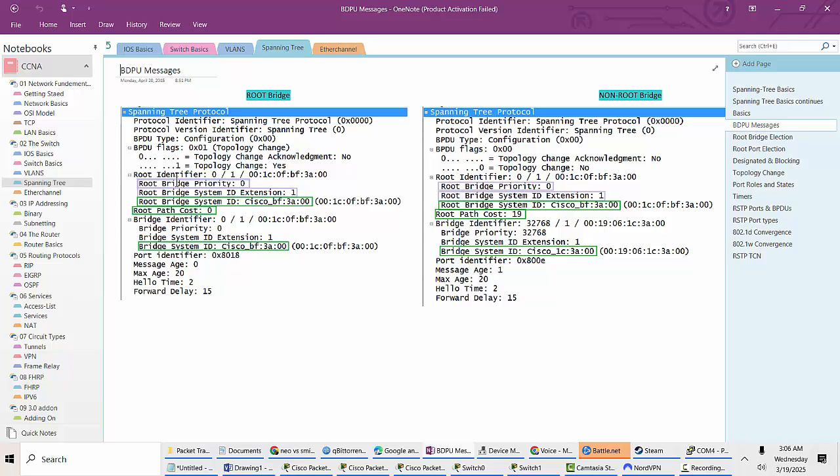Whoever has the lowest becomes the root bridge. Now, understand this: 0 is the lowest, and every increment after that is by 4096, meaning that the next priority after 0 is 4096, after that 8192. Makes sense? And this is what's in a BPDU message.